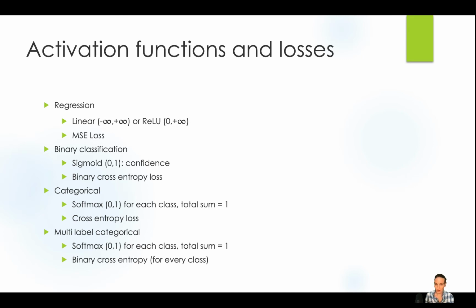If we're working on a regression problem, we typically want our output to be between minus and plus infinity, because we want to predict an actual number. So then we need to make sure that we use a linear activation function or something like ReLU, which allows for a wide range of outputs.